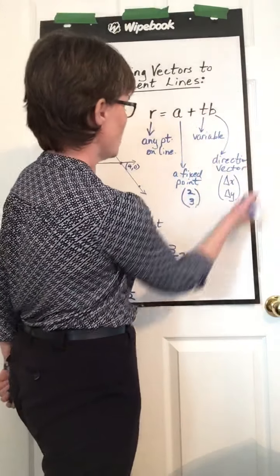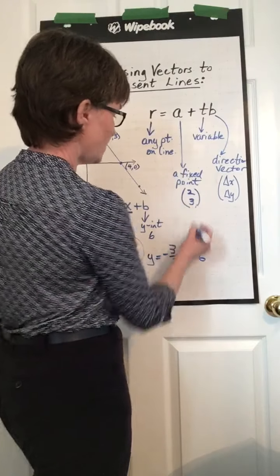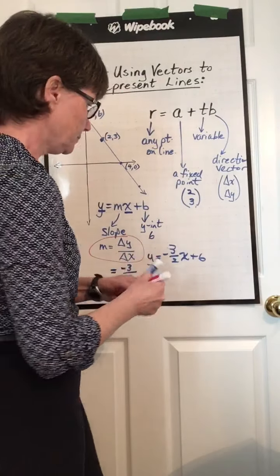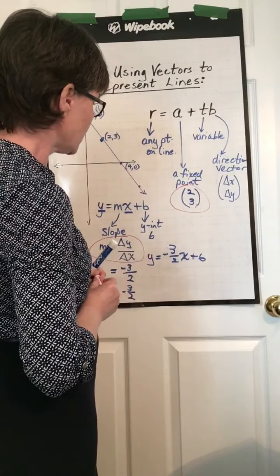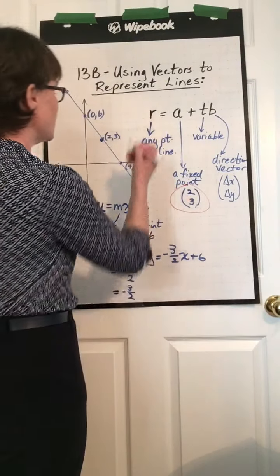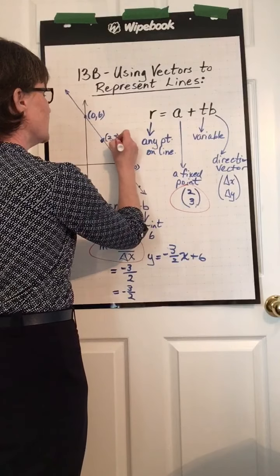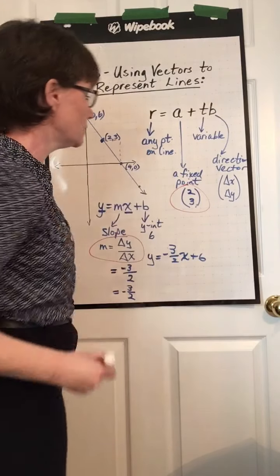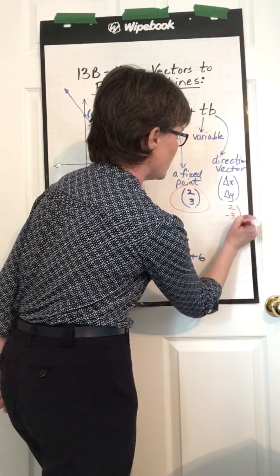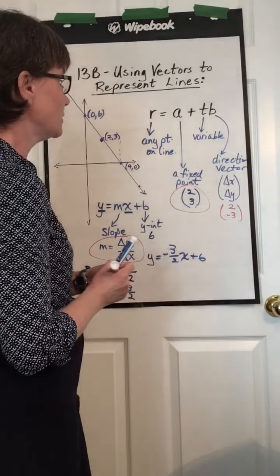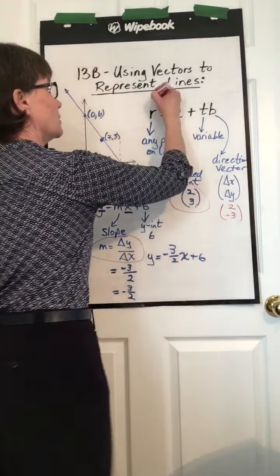Okay, in this case, I'm going to use this one though, 2, 3, as my a, and my direction vector, I'm just going to use to the right 2, down 3. So my direction vector is going to be 2, negative 3. And therefore, this equation then would be r equals 2, 3.